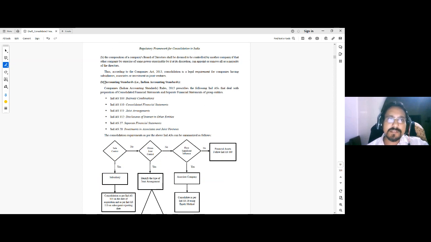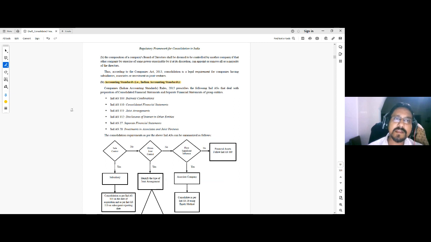Now let us come to accounting standards. Accounting standards also provide some consolidation requirements, and in India, the new set of accounting standards, which we call the Indian Accounting Standards, have provided a well organized structure for this consolidation purpose. As you can see, the Companies (Indian Accounting Standards) Rules 2015 prescribe the following Indian Accounting Standards that deal with the preparation of consolidated financial statements along with separate financial statements of group entities. That is relating to consolidation. These accounting standards are important.